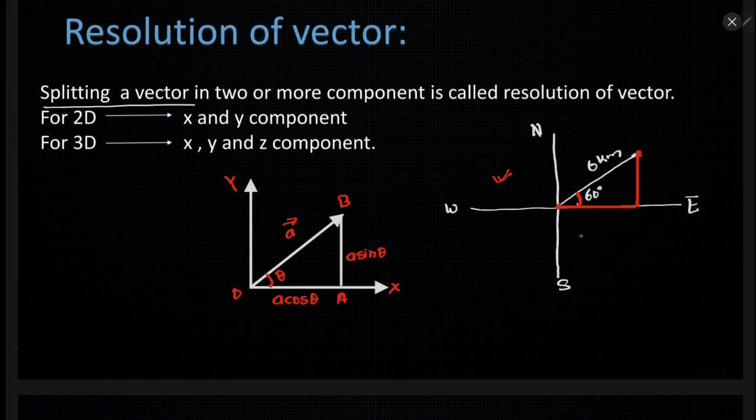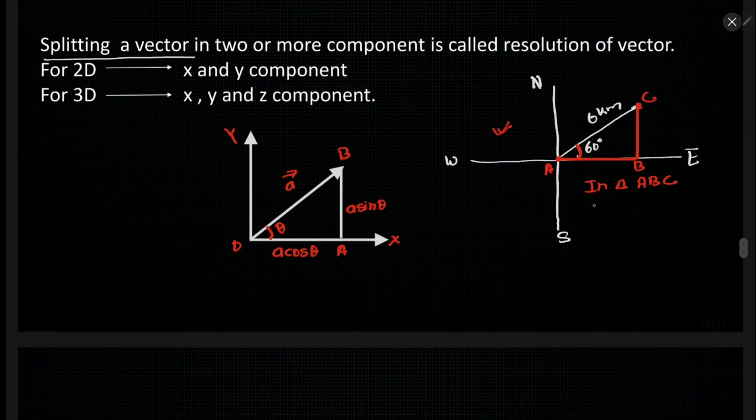Now let's name this triangle as A, B and C. So in triangle ABC we have cos theta is equal to B by H, base by hypotenuse.